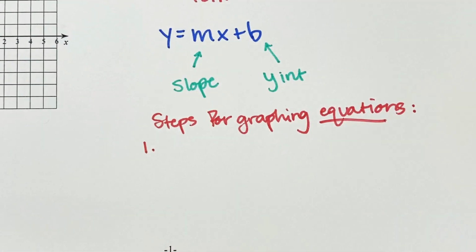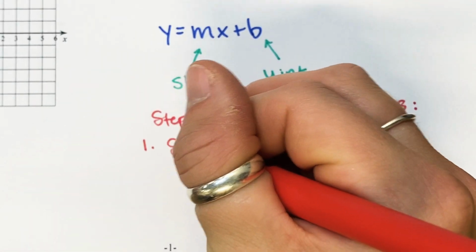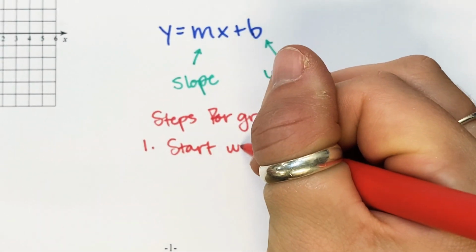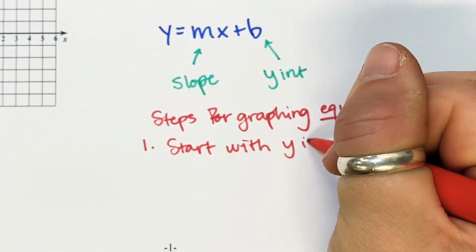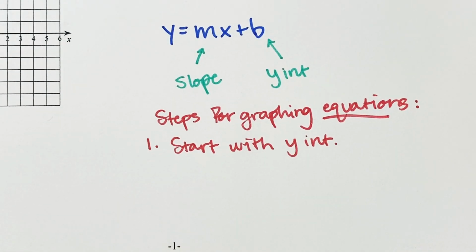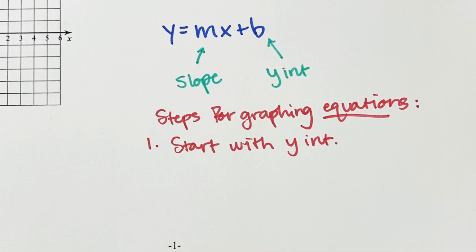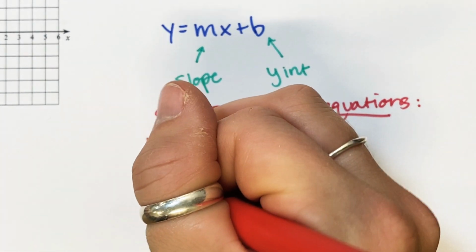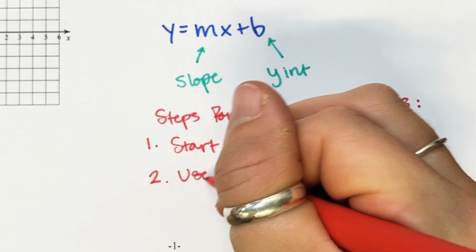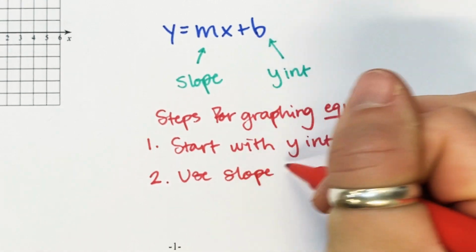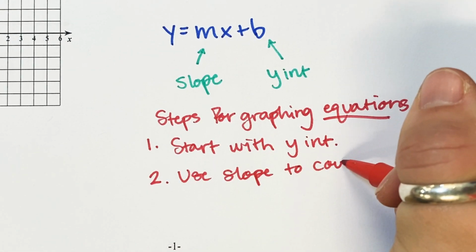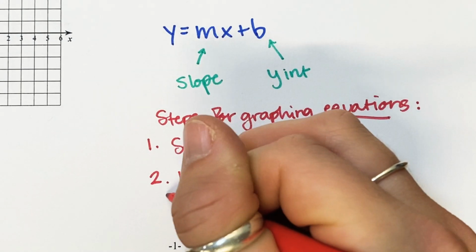So number one, our first step is to start with your y-intercept. You guys know that that's your starting point. Okay, and then our second step is to use the slope to count to the next point.